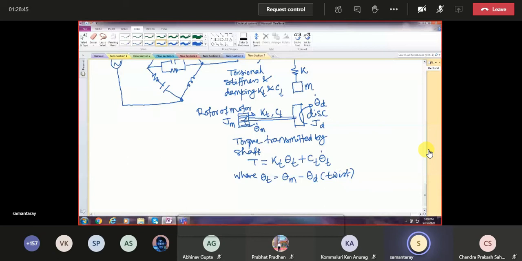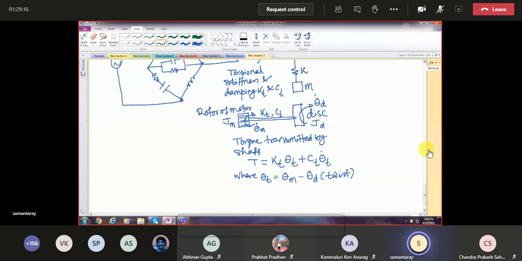We combine both of them. Both the forces are combined to give the total force, exactly like a spring and damper in parallel. When the spring and damper are in parallel, the total force is the force due to the spring plus the force due to the damper. So that is what happens here. What else do we have? We have the relative velocities between the motor and the disc.